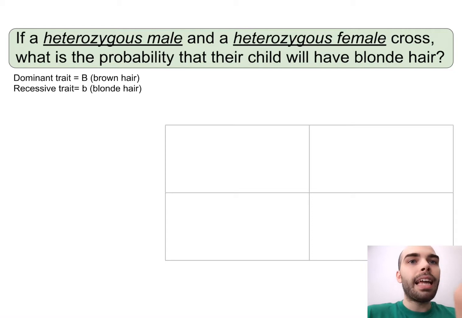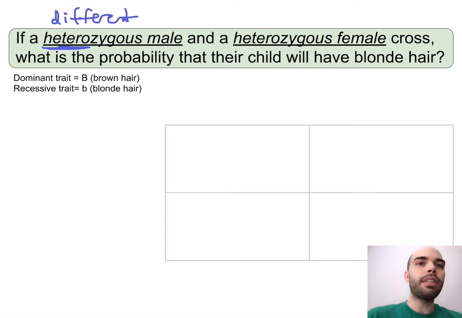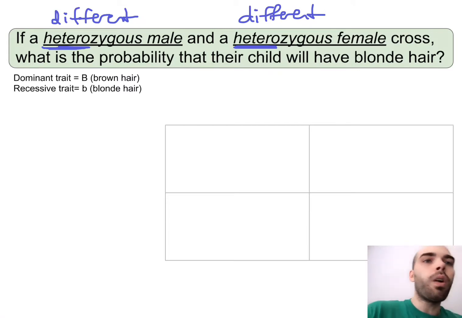All right, so now let's do this practice problem together. Say we have a heterozygous male. Remember, hetero means different. We have a heterozygous male and a heterozygous female, and we want to know what's the probability that their child will have blonde hair.